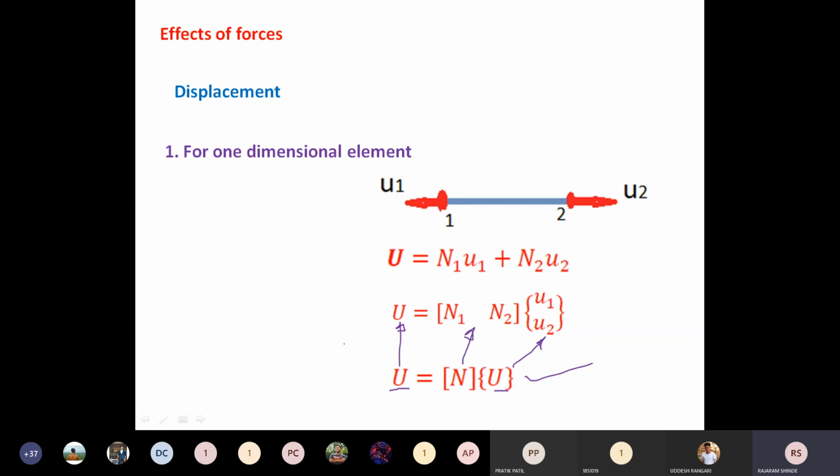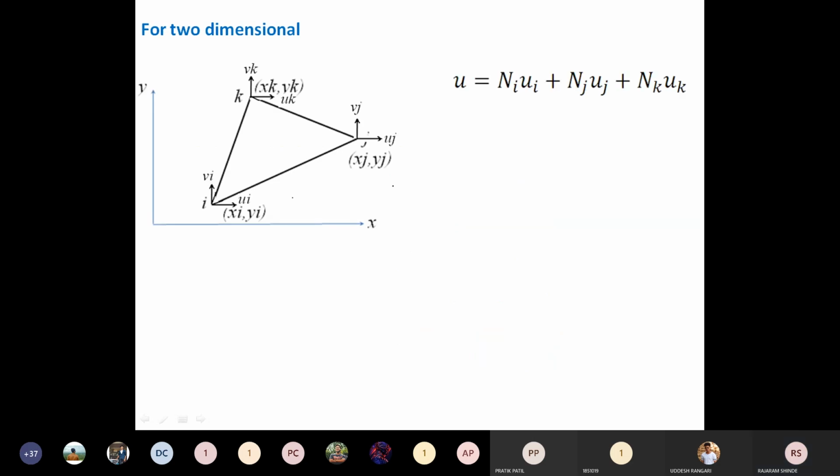Now the same thing when we go for two-dimensional elements. For two-dimensional elements, you have this triangular element. If you have a quadratic element, you can see here this is your displacement in x direction, displacement in y direction, displacement in x, displacement in y, and so on for each node.